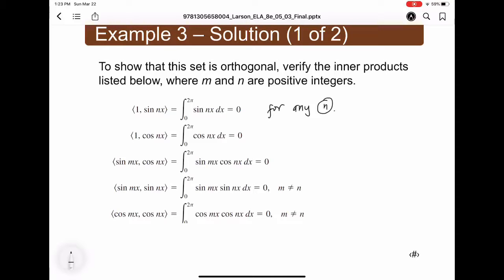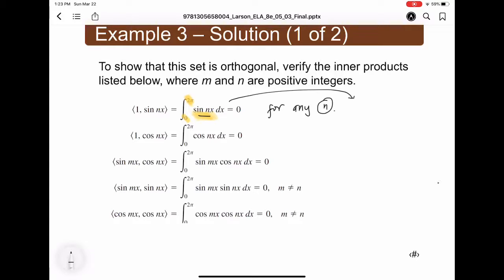It's obvious because the inner product of 1 and sine nx is the integral from 0 to 2 pi of the product of 1 and sine of nx. So that means just the integral from 0 to 2 pi of sine of nx. And what is the antiderivative of sine of nx?